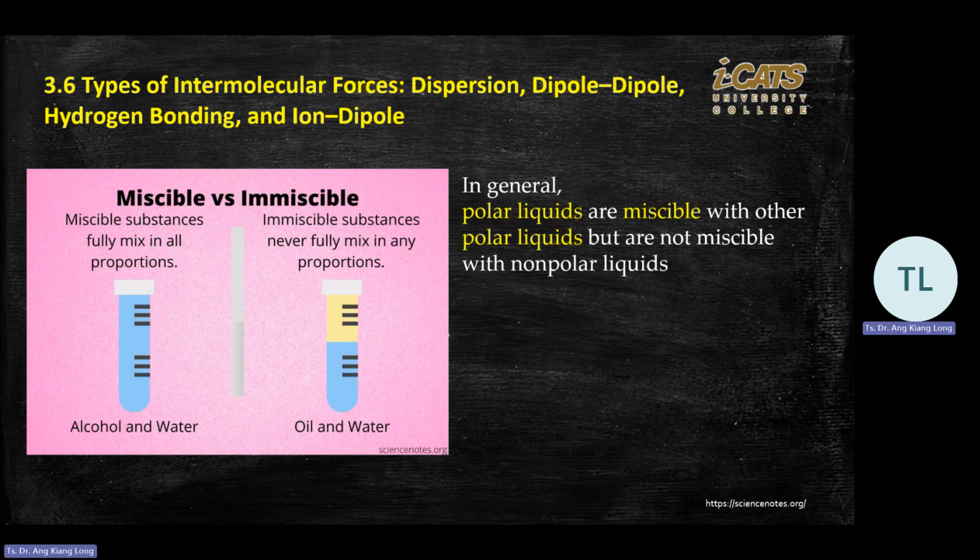Polar liquids are miscible with another polar liquid, but not miscible with a non-polar liquid. Polar means they have a delta positive and delta negative. So they must have delta positive and negative to combine together. Then only they can mix. If they don't have any positive or negative, they cannot mix. That is the theory behind it.